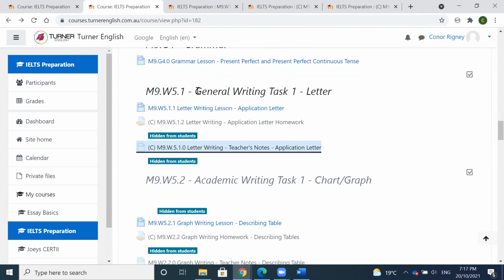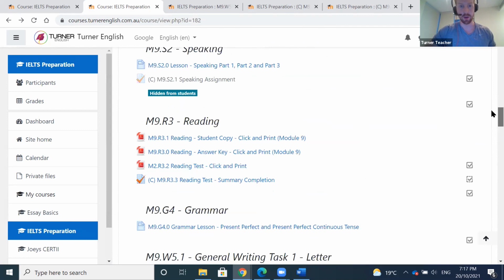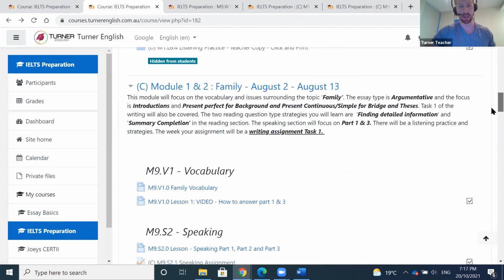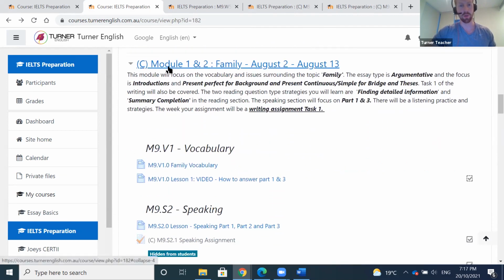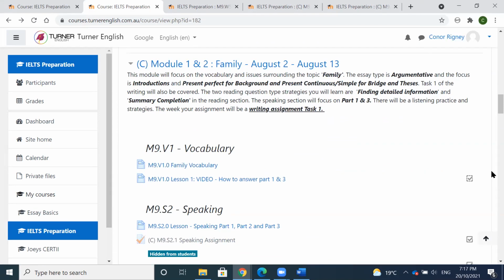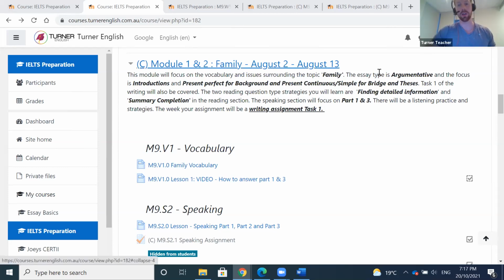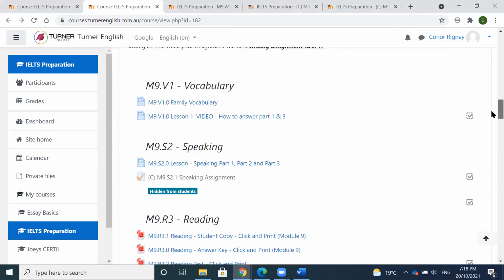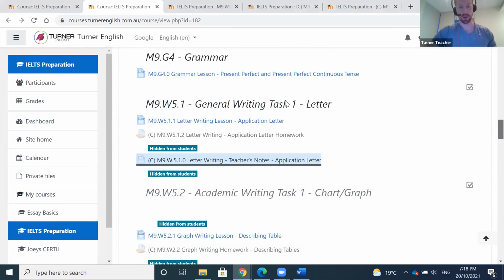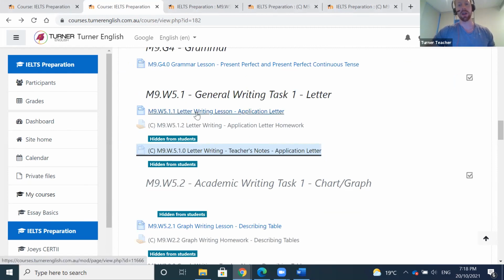It's the application letter. Are you able to see my screen where it says module 1 and 2? Okay. So it's under module 1 and 2 family, August 2 to August 13. Okay, that's great. So let's go into application letter writing lesson, application letter.